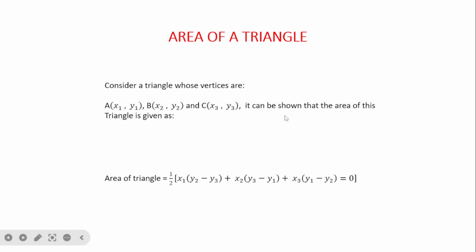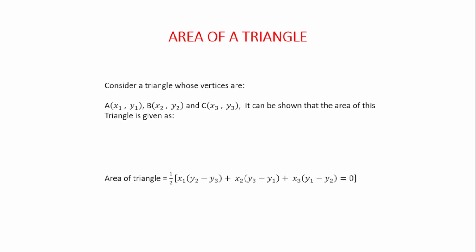So now at this point, I want to solve more questions on equation of a straight line when it's going to be perpendicular, parallel to each other, before I talk about area of a triangle.